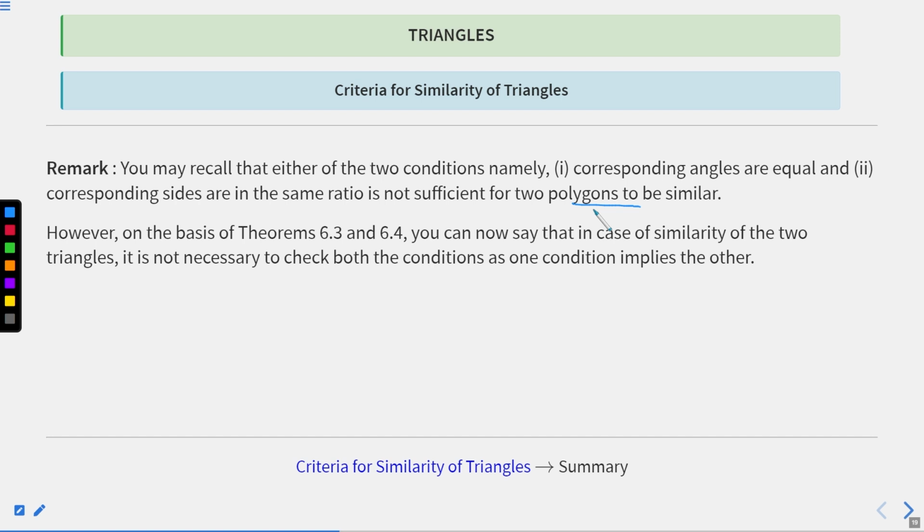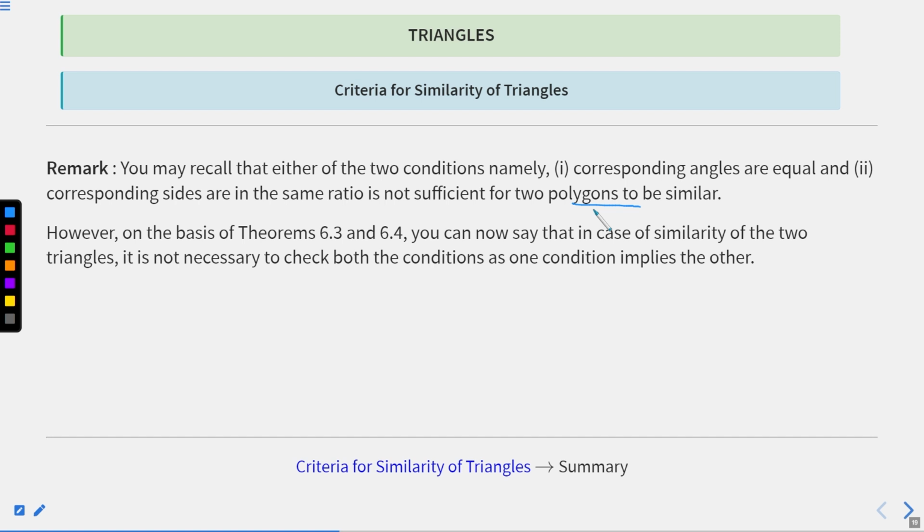That means if we are given two triangles and their corresponding angles are equal, then by Theorem 6.3 their corresponding sides are in the same ratio, and therefore they are similar.